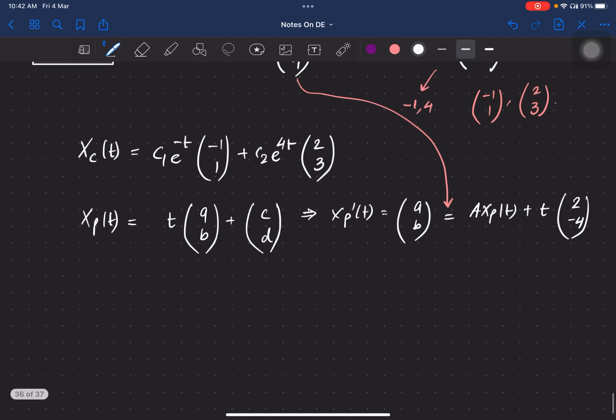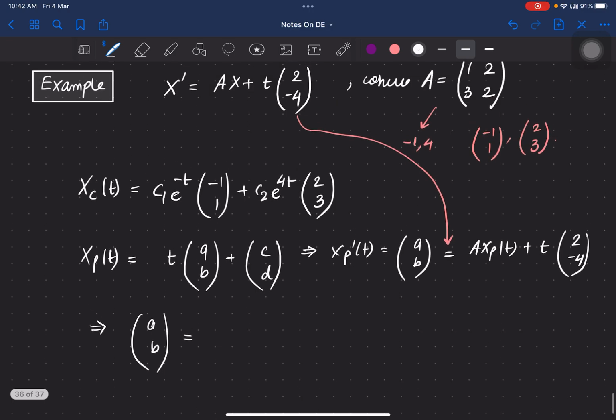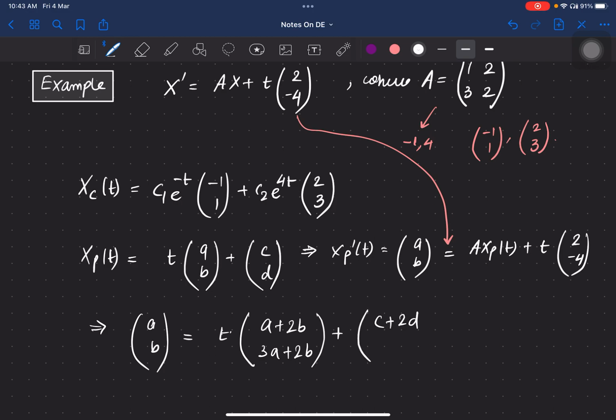Okay, so let me write it down. So here it's (a, b). Now A of xp is A of (a, b). So t times A(a, b) is (a plus 2b, 3a plus 2b), plus (c plus 2d, 3c plus 2d), plus t times (1, 2) minus (0, 4).